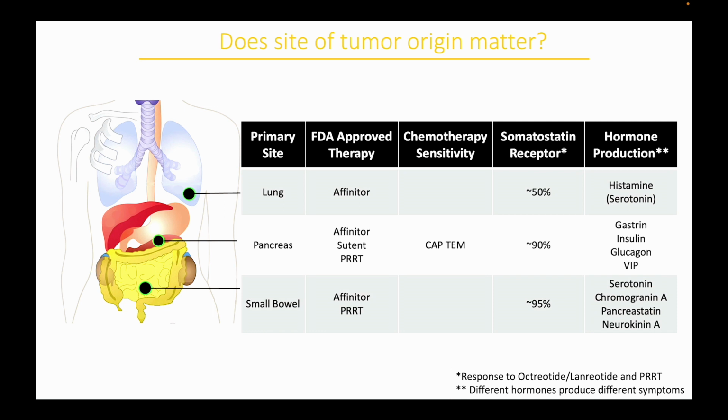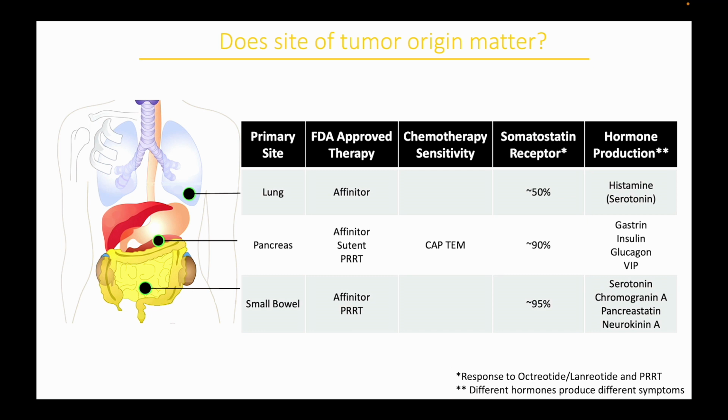Lung tumors have significantly less sensitivity in some tumors to monthly injection or PRRT. And the different tumors make different chemicals, and therefore they have different syndromes associated with them. So the main carcinoid syndrome is associated mostly, but not entirely, with small bowel neuroendocrine tumors.